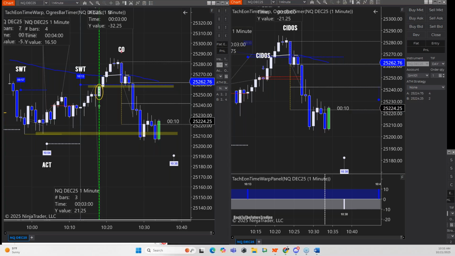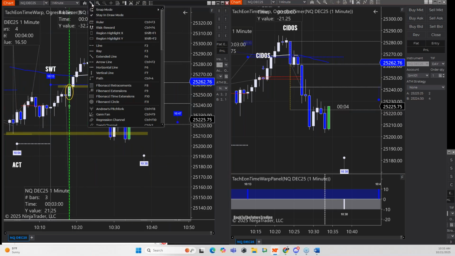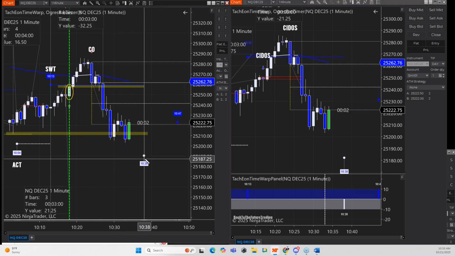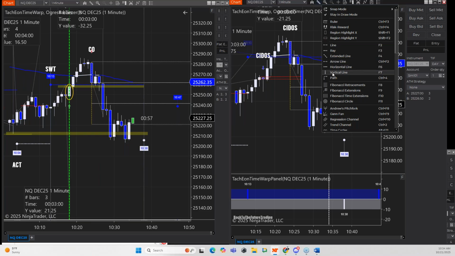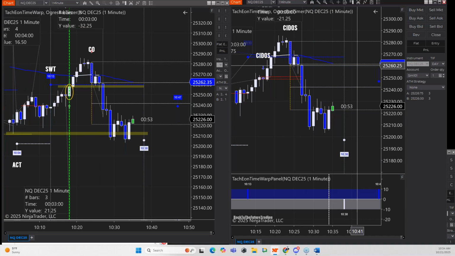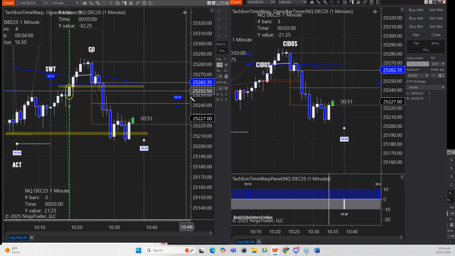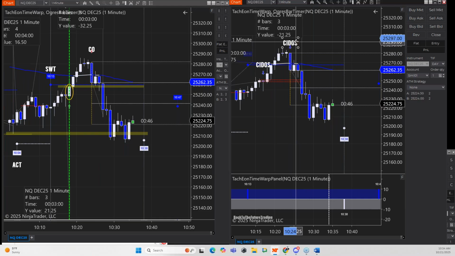Okay, we're getting closer to 10:38. So one of the things I like to do is prep for that. And I'll put a vertical line on both of those to just bear in mind what I'm looking for to have happen. Again, the last setup we looked at was the close in the direction of the signal.